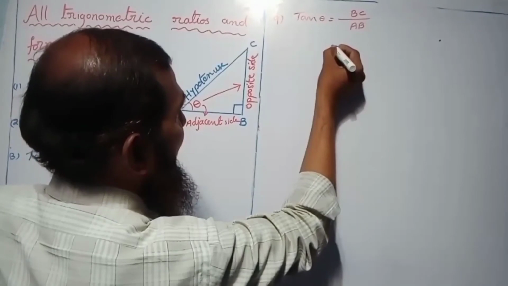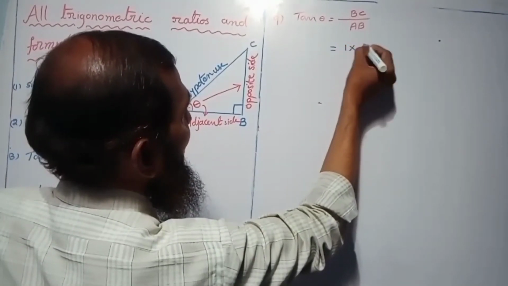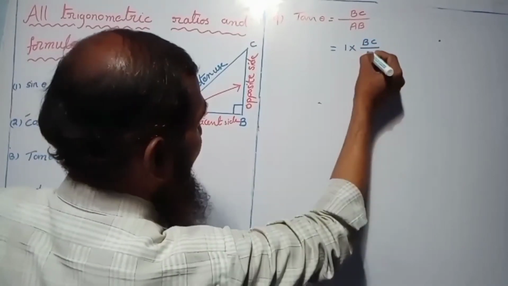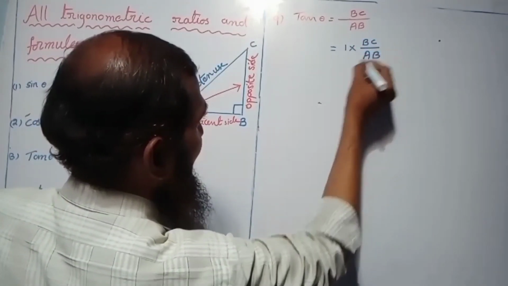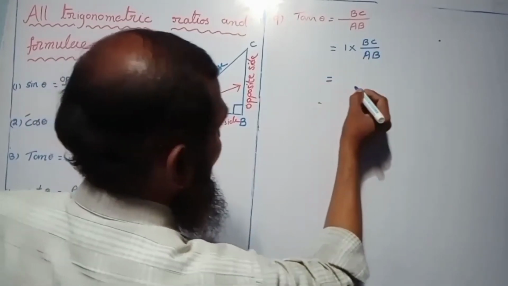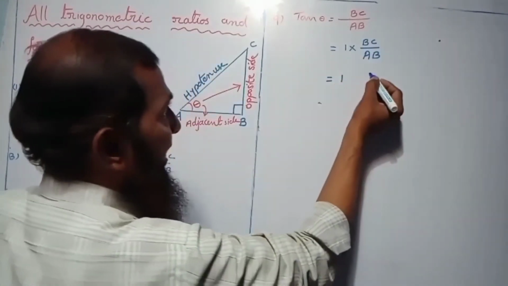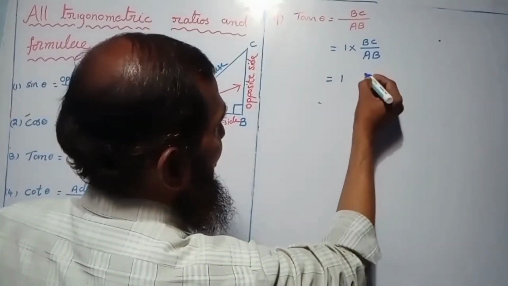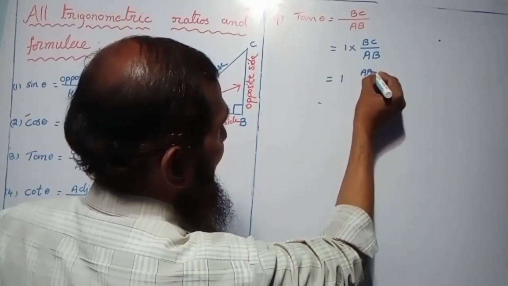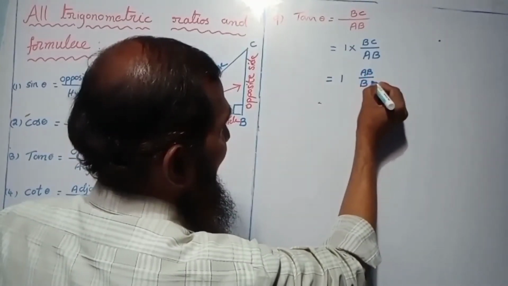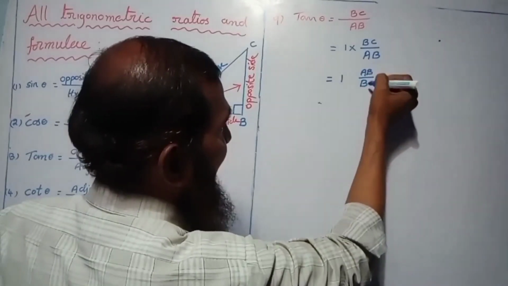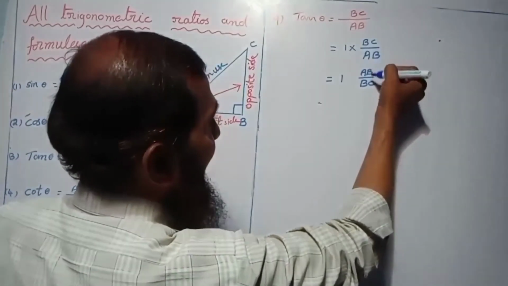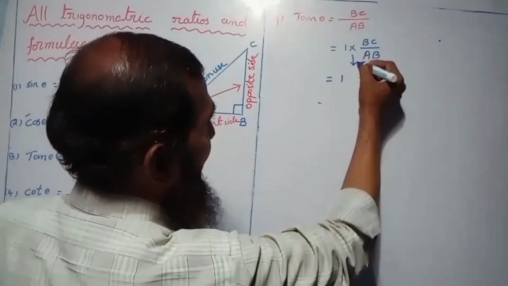I am going to write this as 1 into BC by AB. As usual I am going to interchange this fraction. It means the numerator becomes the denominator, and the denominator becomes the numerator. It means AB by BC. If I change it like this, it is called the reciprocal of BC by AB. When I write the reciprocal, the multiplication symbol becomes divide.